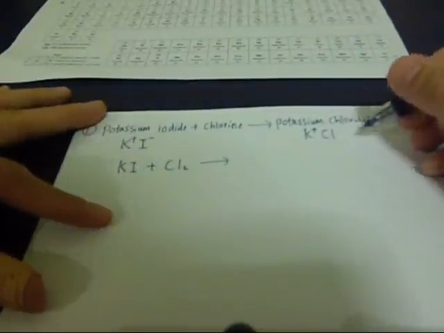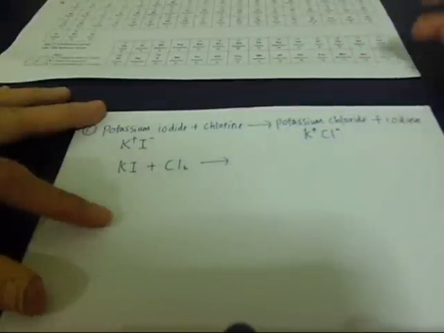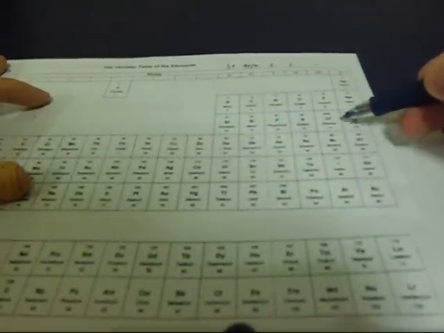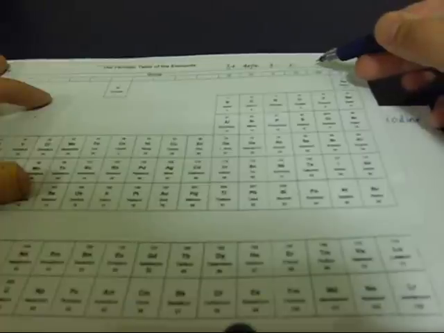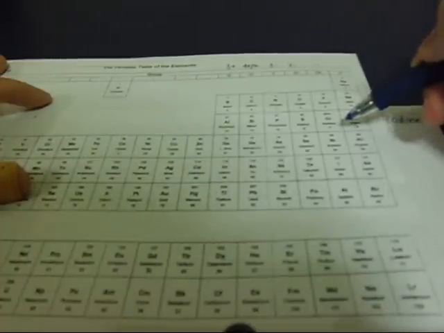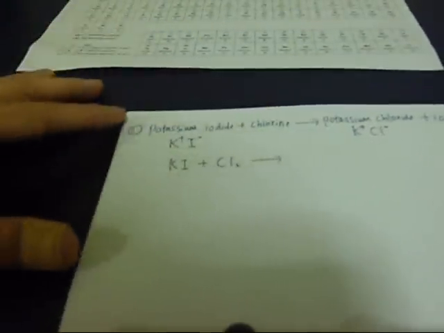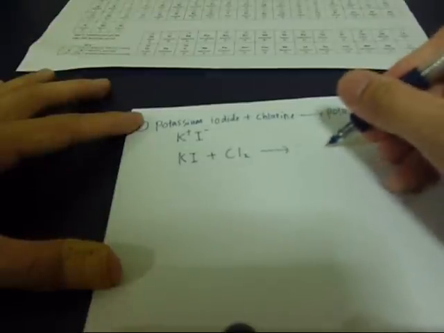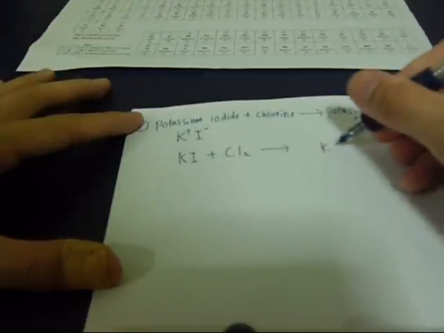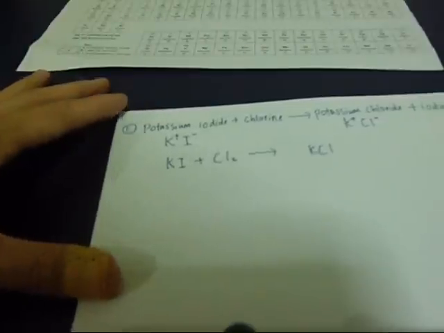And then for chloride ion, the charge is 1 minus, because chlorine is in group 7, so it will form an ion, which in this case is chloride ion, and the charge of the ion is 1 negative. Okay, so potassium chloride, the chemical formula is KCl.